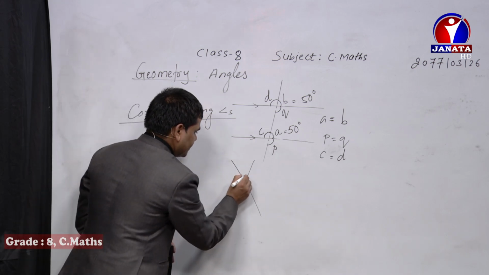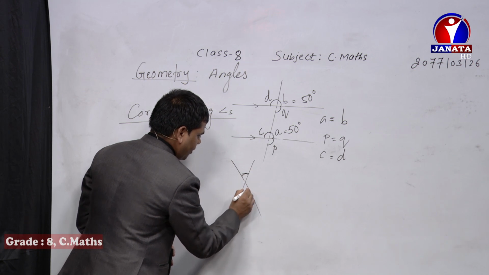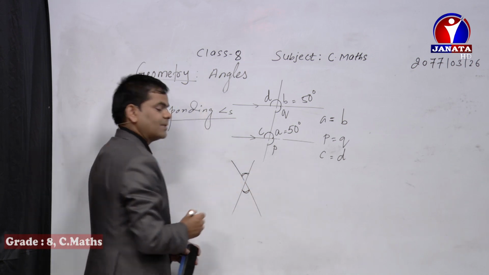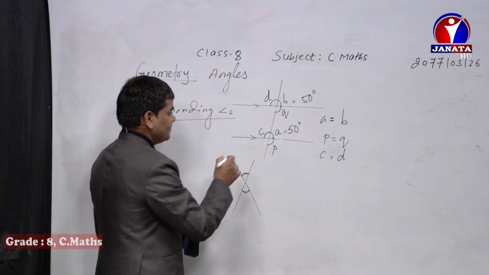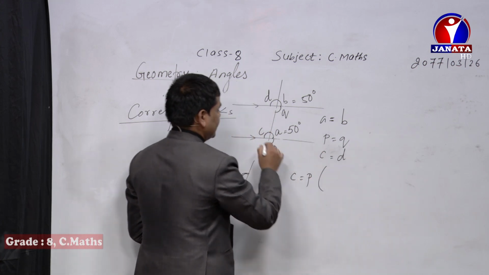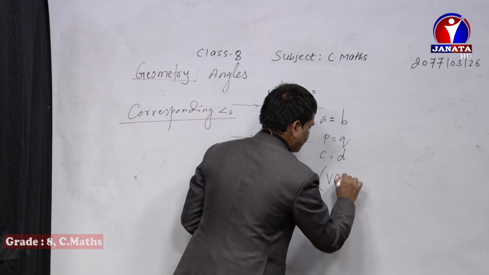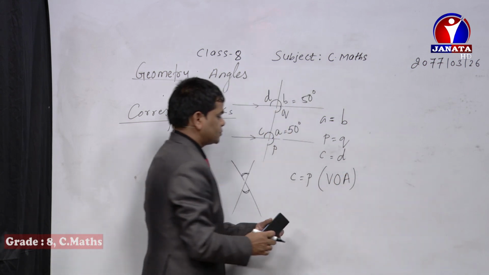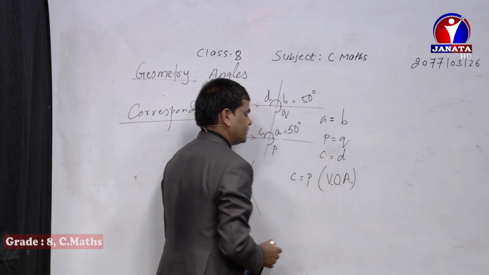The relationship of vertically opposite angles applies here, and they become equal to each other. At that time, you can write C equals P as well, but the relation is not corresponding. That type of relation is known as vertically opposite angle. In short form, I have written vertically opposite angle.